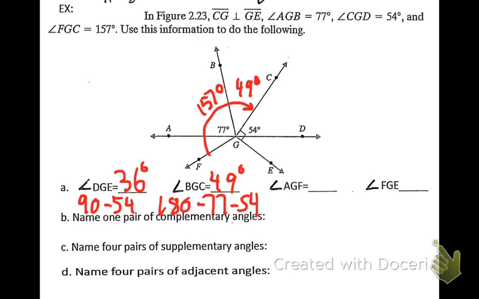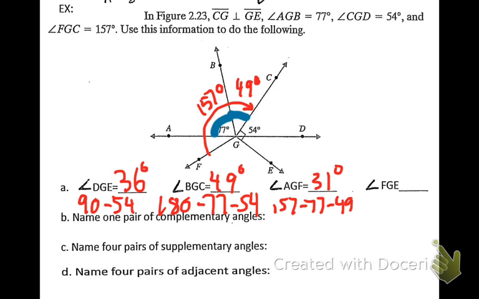Yeah, okay, so we take 157 and we're subtracting this. What else? Yeah, and 49. We subtract both of those. So we've got 157 minus 77 minus 49, which is going to give me 31.